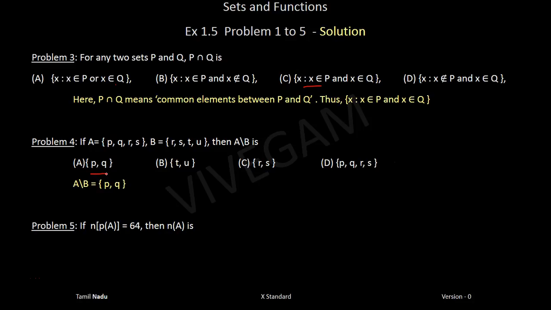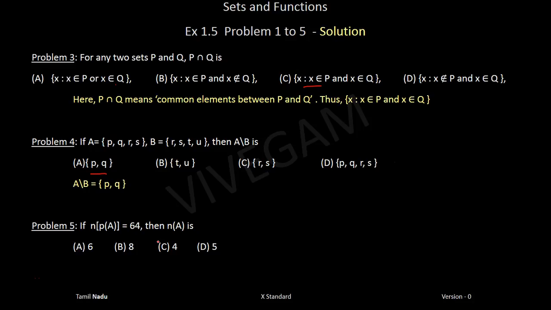Okay, now the cardinality n of P of A, the power set of A. What is the power set of A? It's the collection of all the subsets of A, right? So it's equal to 64. We know n of P of A is 2 to the power of n. We are asked to find the cardinal number of elements in A, where n is nothing but the number of elements, right?